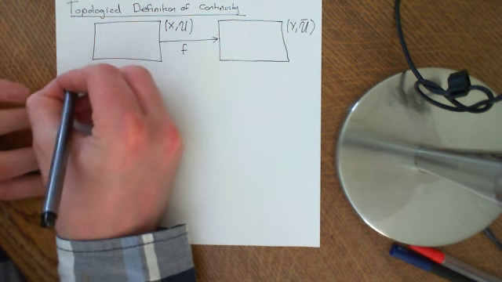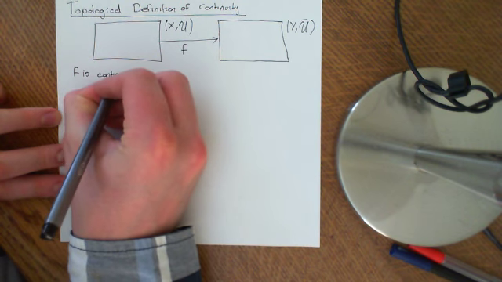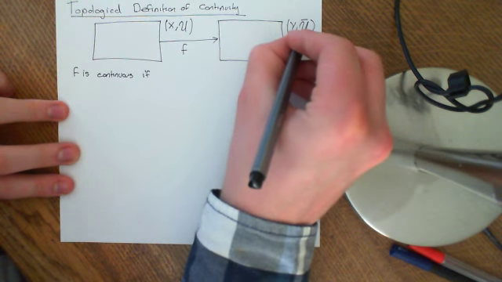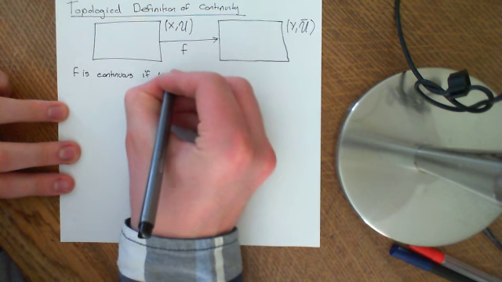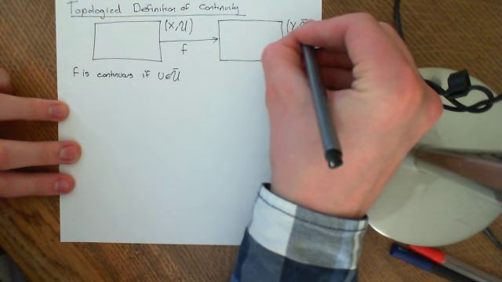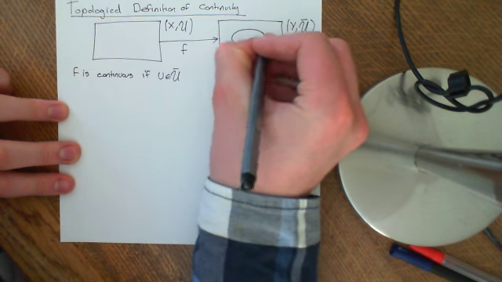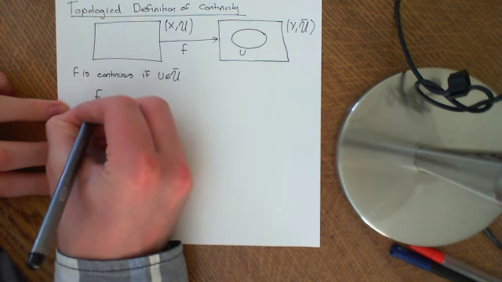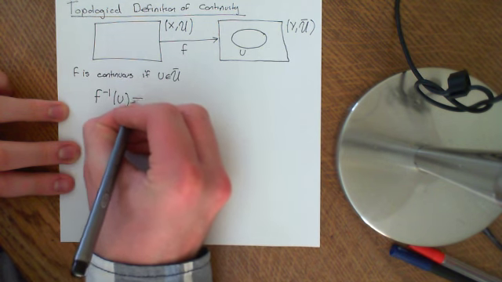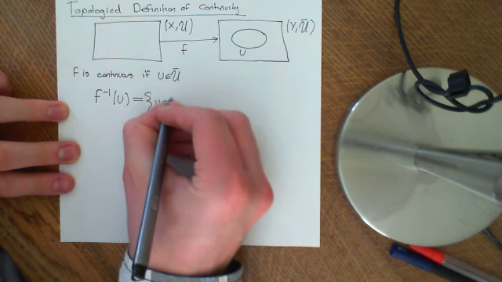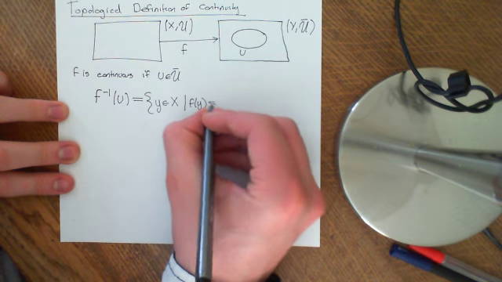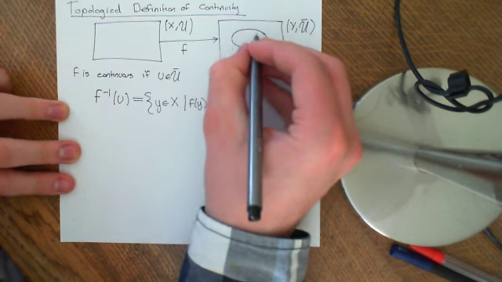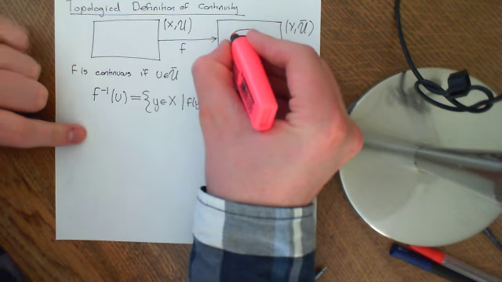Okay, and F is continuous if for all open sets over here, if U is an element of big curly U bar, so take any U which is an element of that big curly U bar, and basically if you take the inverse image of that, so F inverse of U, which is defined to be all points y which are an element of big X, such that F of little y is an element of U. So basically, this U here is a set of points.